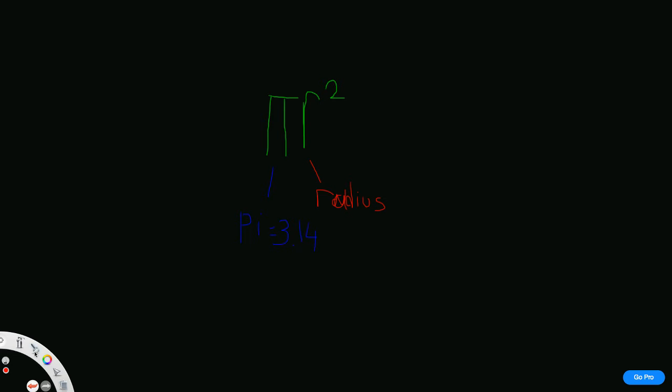Let me make it a bit clearer. R is the radius. I'll explain what the radius is later on in the video.